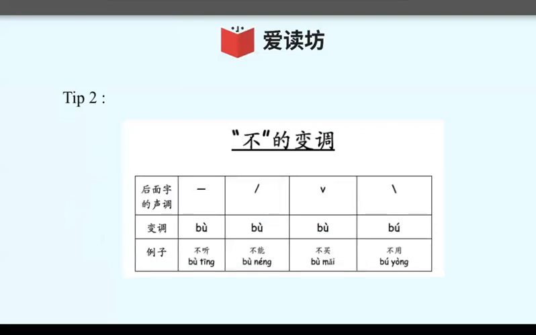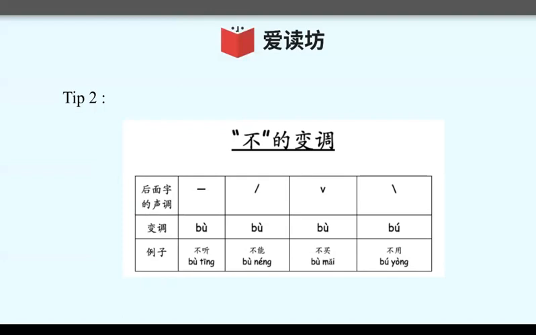Second tip, for the changing tone of 不. If the word after 不 is first, second, third tone, 不 must change into fourth tone. For example, 不听 is first tone, 不能 is second, 不买 is third tone. If the word after 不 is the fourth tone, 不 must change into second tone.